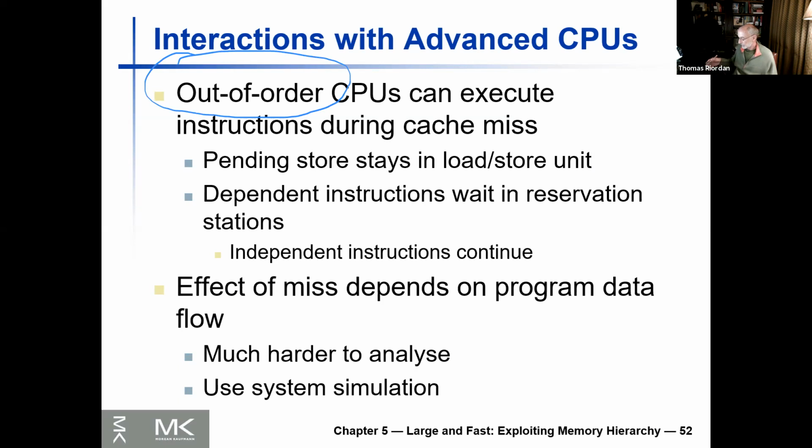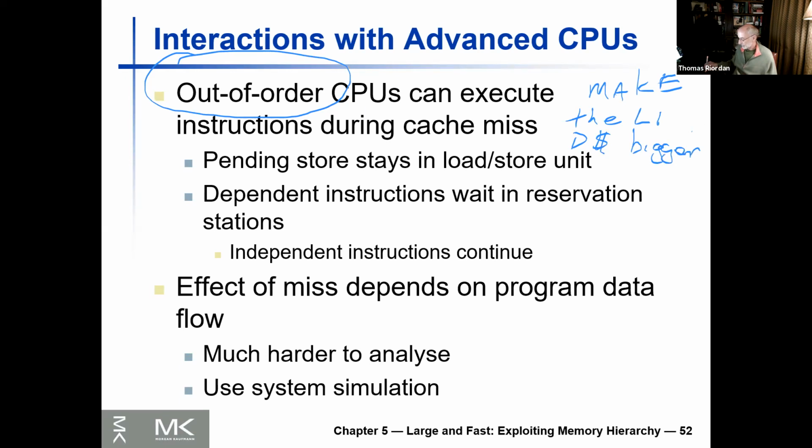Because while you're waiting to access the primary, you can look around and try to find some other instructions to do. And the advantage of this is you can make the primary, the L1 D cache, bigger. And if you make it bigger, you can lower the miss rate.